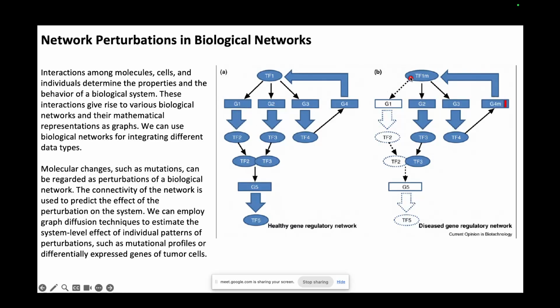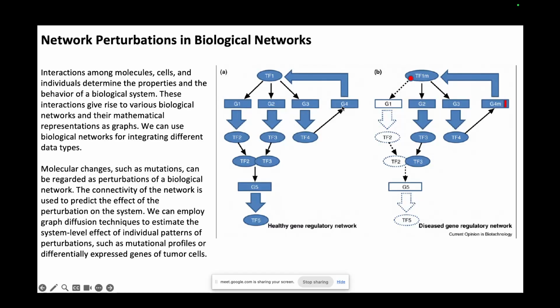So there's a mutation and it cannot bind to this particular gene. So this part of the network becomes fully redundant, and you cannot have this particular end product, the protein or the transcription factor that is getting generated here, because of the products coming from the other two genes.